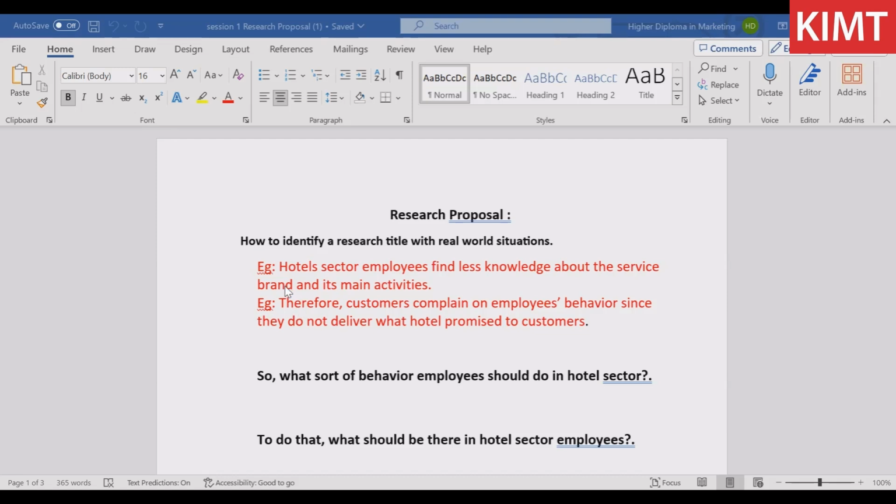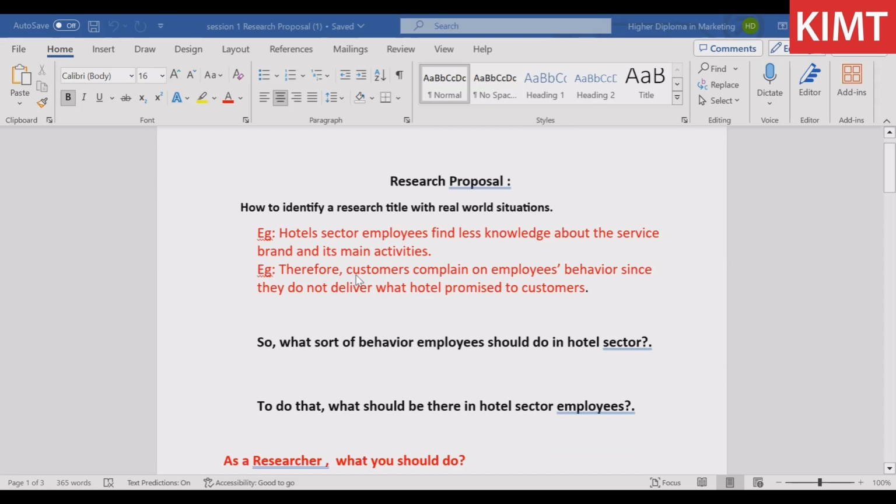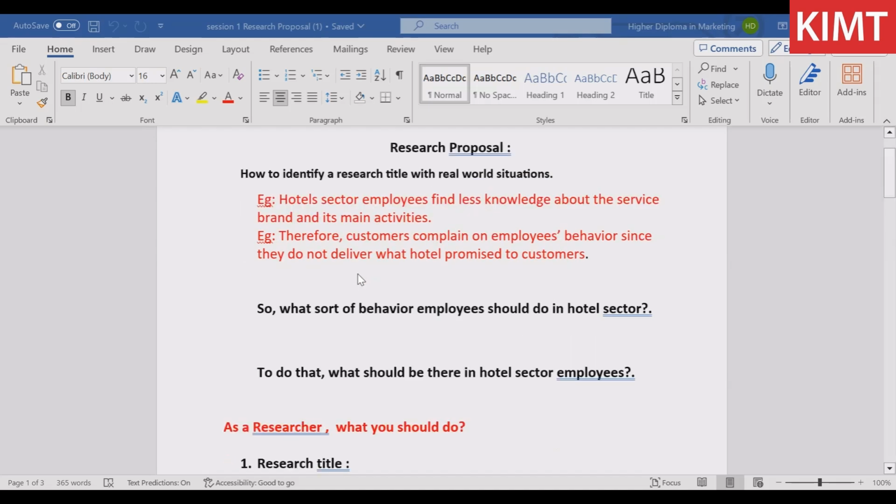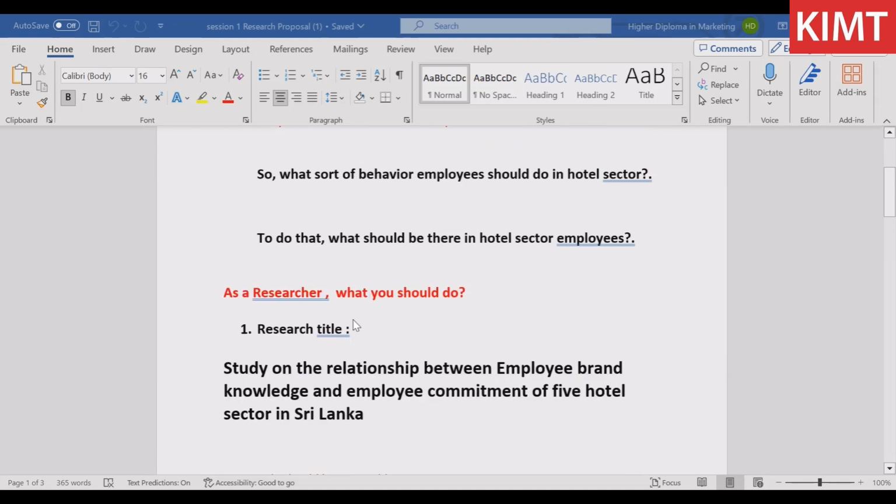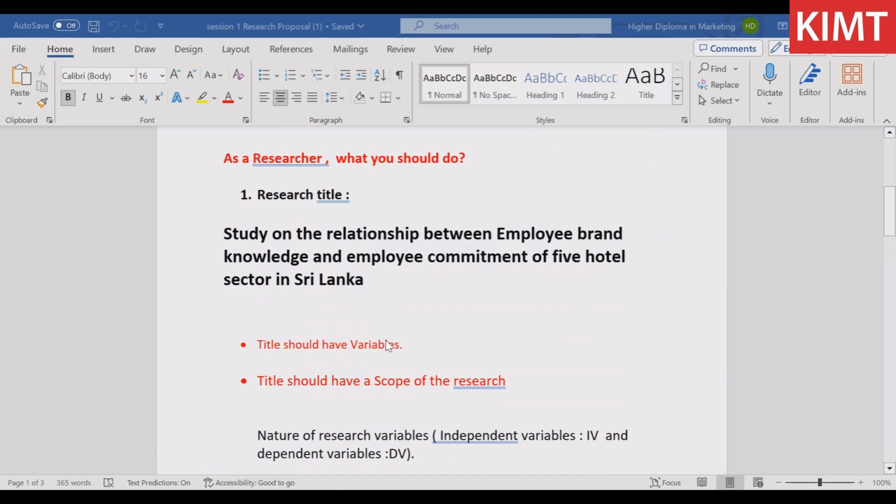So that's what we discussed. You make sure when you develop a research topic that it carries variables. This part is very important. I have given some examples.